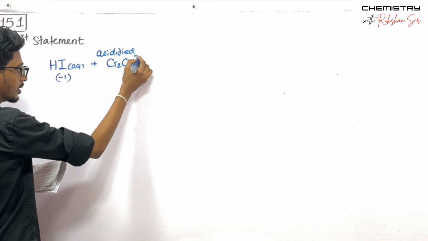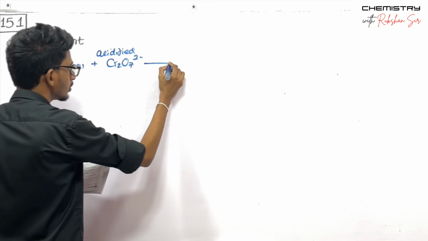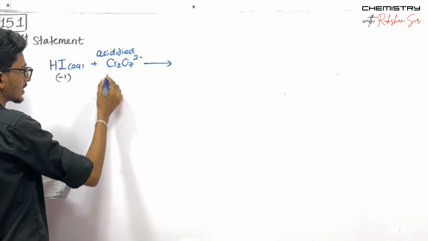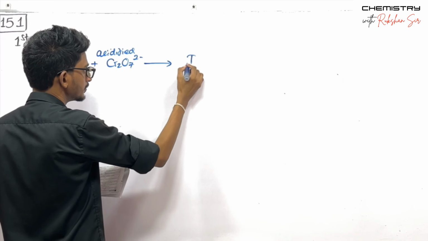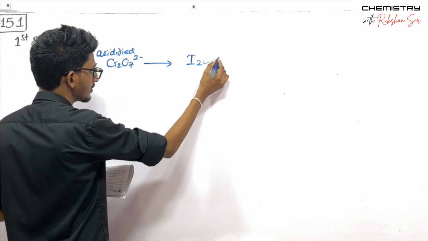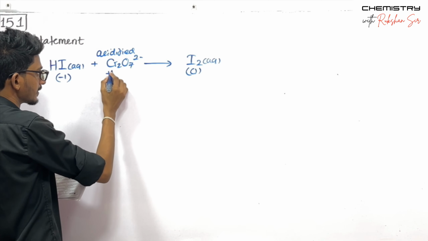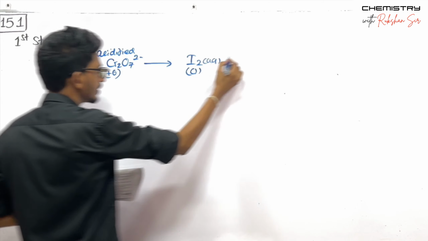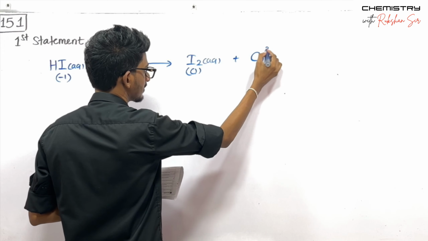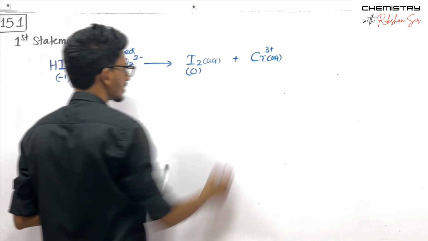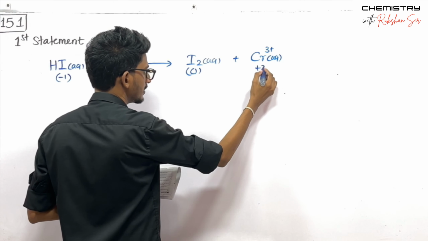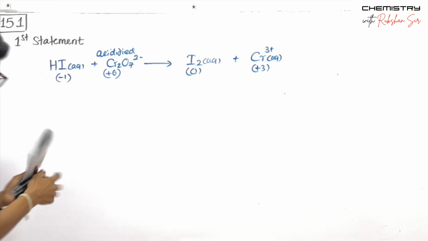Cr2O7 2- potassium dichromate provides this ion. So what will happen? The HI will oxidize to I2 aqueous, to the zero oxidation state, while dichromate will reduce to Cr3+ aqueous. So what are the colors of these things?